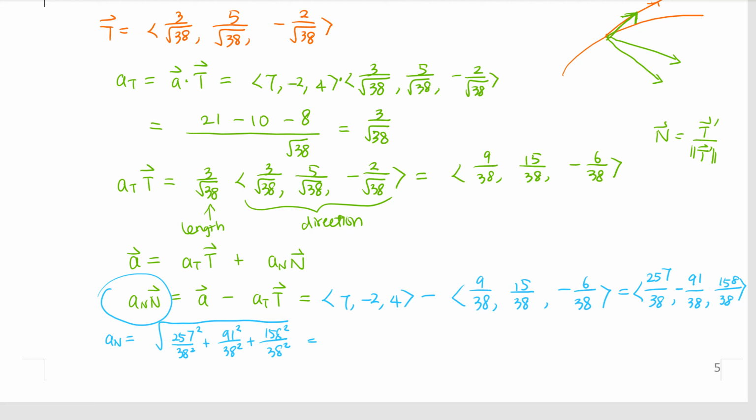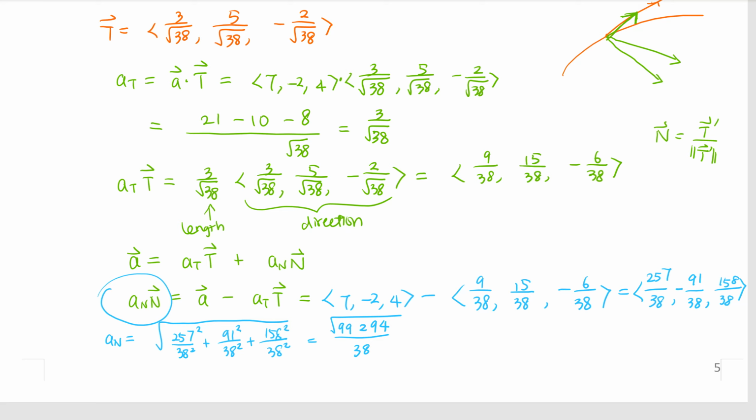The denominator is going to be 38 squared, but when you move out of the square root, we just get 38. And the numerator, we have 257 squared plus 91 squared plus 158 squared. Oh, such a big number: 99294. Do you have the same answer?